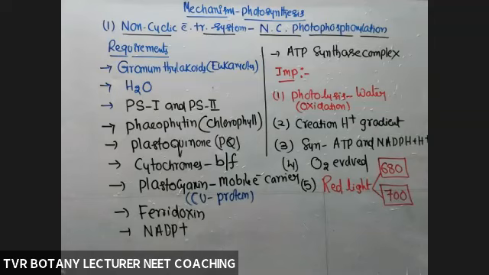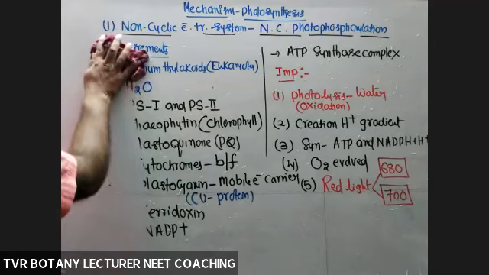That accounts for synthesis of ATP. Photophosphorylation means synthesis of ATP in the presence of light from ADP and inorganic phosphate. We will see during the process. Now, what about the mechanism of the non-cyclic electron transport system?